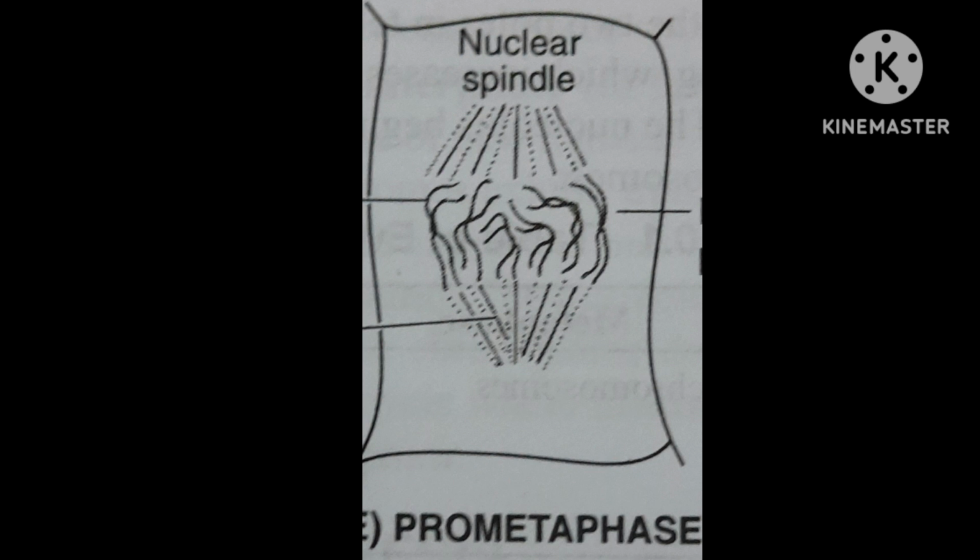It is the best phase to study the details of the morphology of chromosomes and to count the total number of chromosomes in any species. In higher plants, for example onion, centrioles are absent, and this type of mitosis is known as anastral mitosis. The nuclear membrane and nucleoli disappear during this stage.